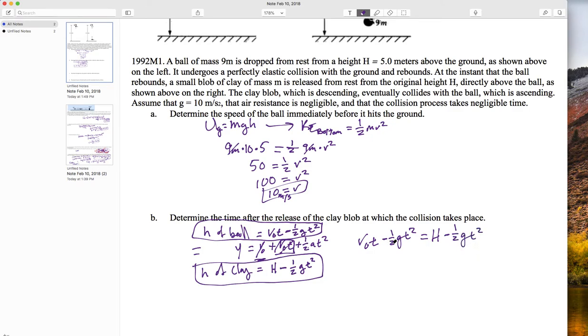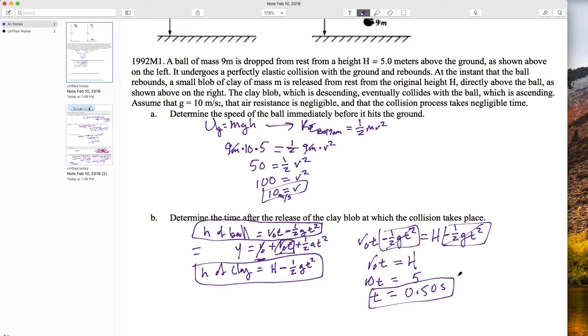And, well, we have this term on this side, this term on this side, and they'll cancel each other out. And we have v0t is equal to h. Well, these are things that we know the values of. This is 5. This is 10. So let's think about what this means. Well, it turns out that t is equal to 0.5 seconds.